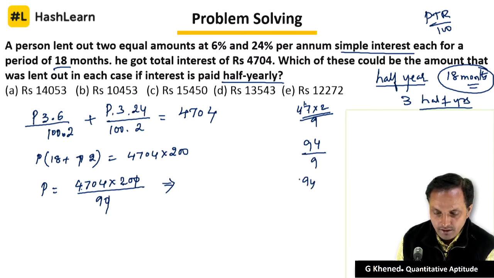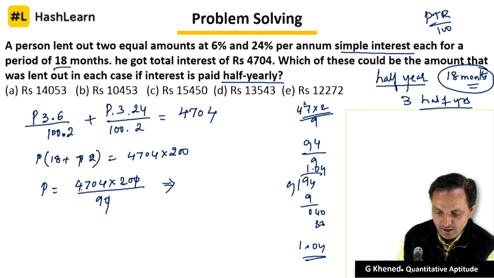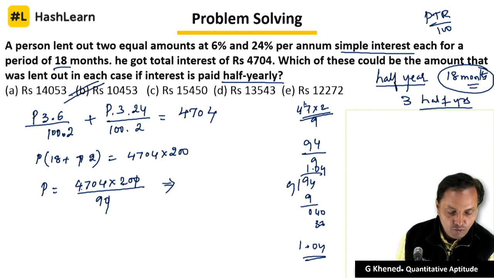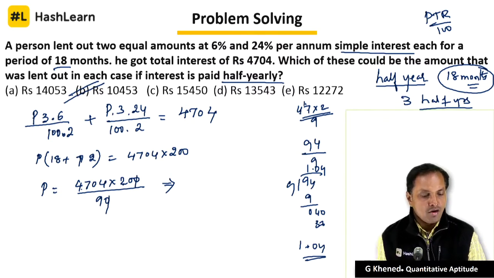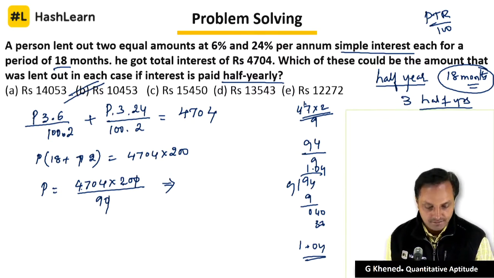What is 94 divided by 9? 9 ones are 9. Zero, you put; 9 fours are 36. You are getting something like 1.04. 1.04 is in option B, that is your answer.